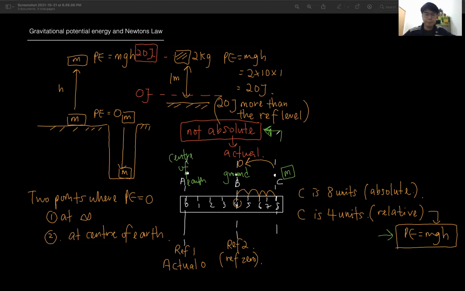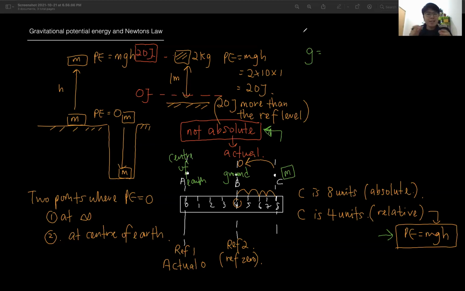Why do we want to do that? Why make things very complicated? Just take the 0 at the center or at infinity. Because in most measurements, we do it at the surface of the Earth, where g does not change. In gravitation, you have learned about the gravitational field strength. It will change with altitude. But most of the measurements that we do are at the surface of the Earth, right?